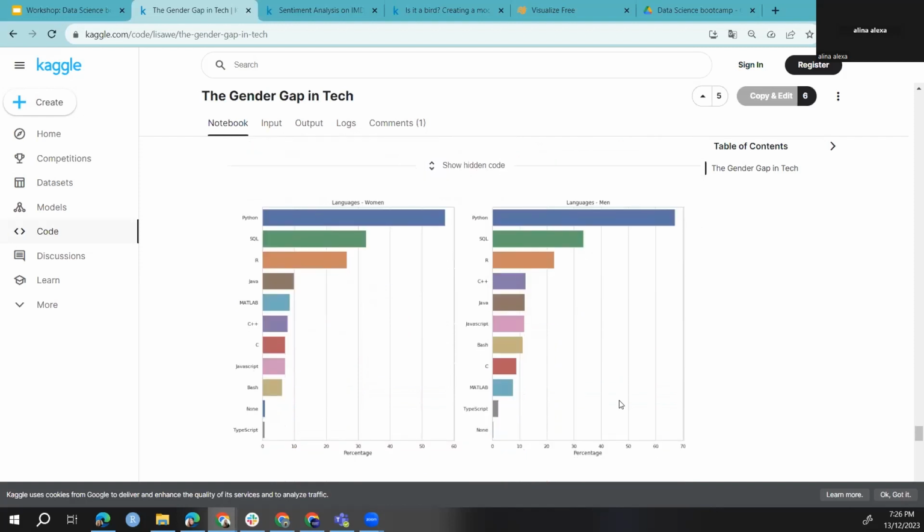And as I said, you see Python is the first, SQL is the second, you need it, and then R is the third. These are mostly for data science, whereas Java, C++, C, JavaScript, Bash, and all these others are used for software engineering, app development, etc.